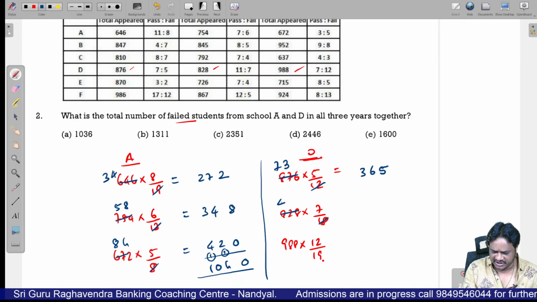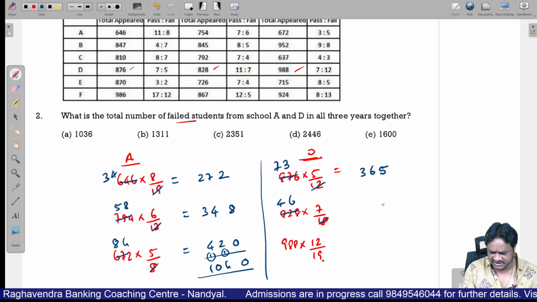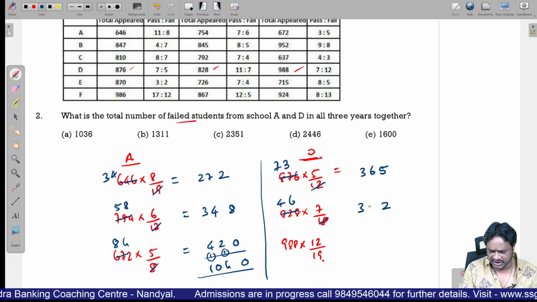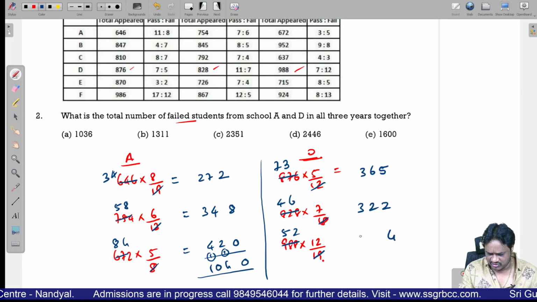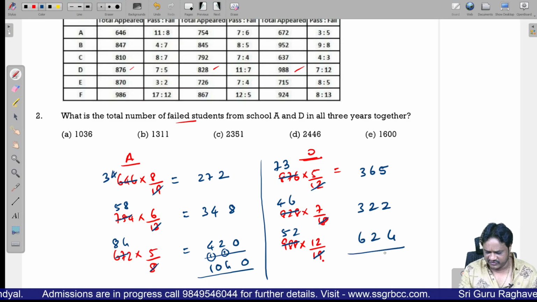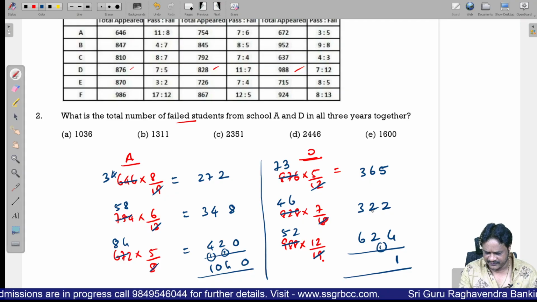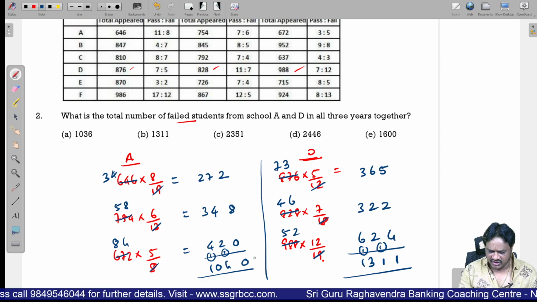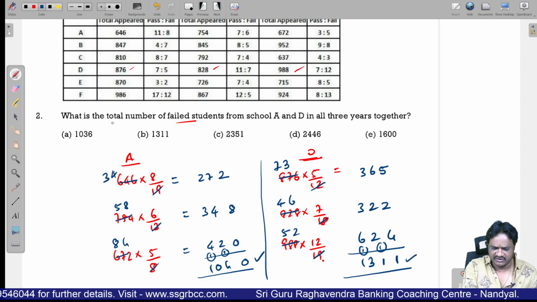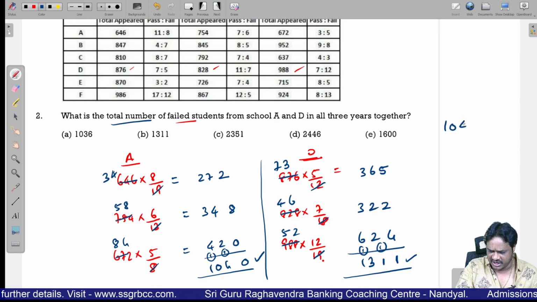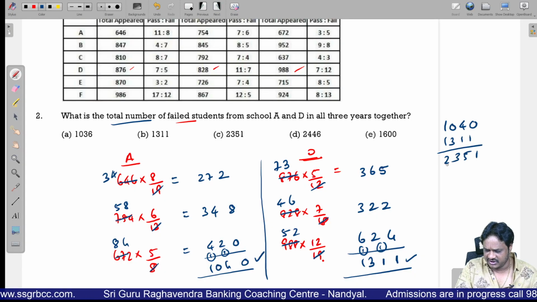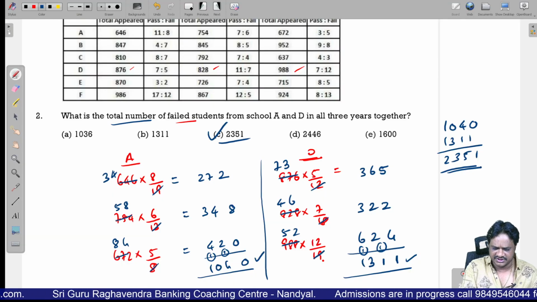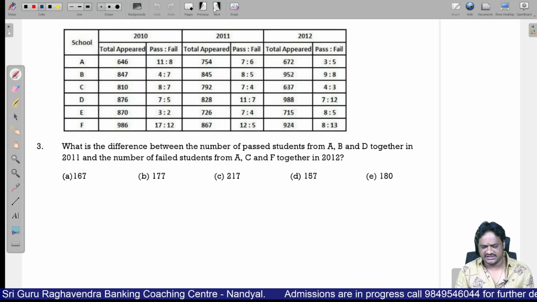Next one, 18 fours 72, 18 sixes. It is 322. Next one, 19 fives 95, 19 twos. 12 into 52, 624. If you add all the values, we got 1311. One we got 1040, one we got 1311. We want the total, so we should add both values. 1040 plus 1311 will come to 2351. Option is 3.